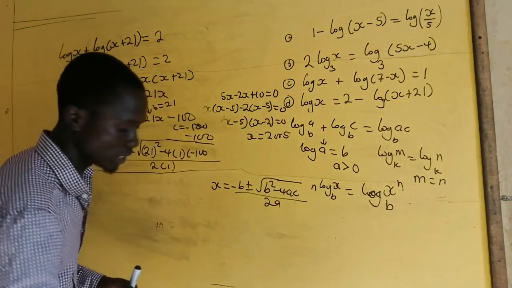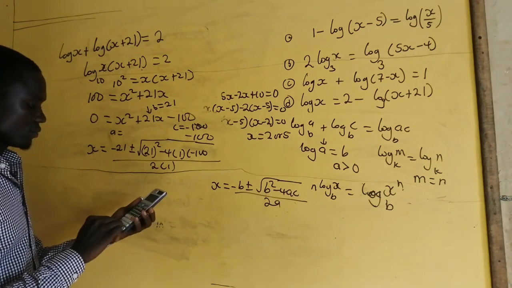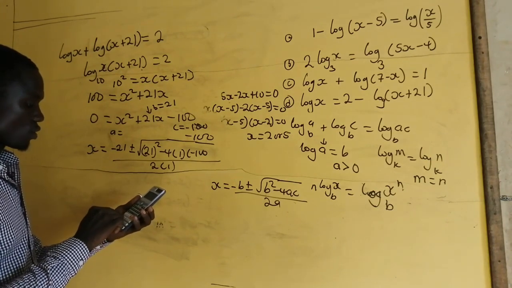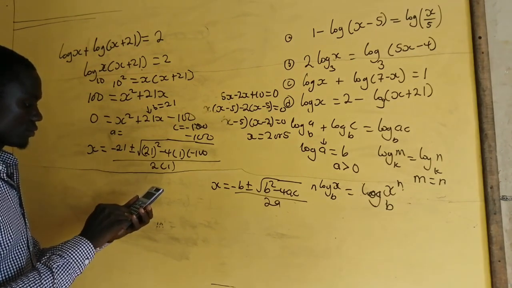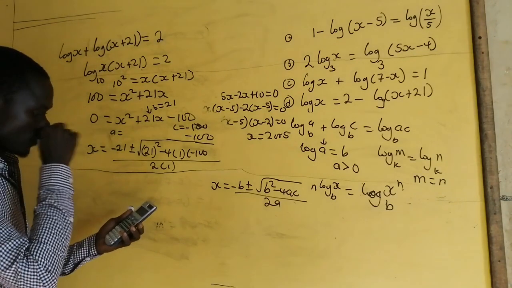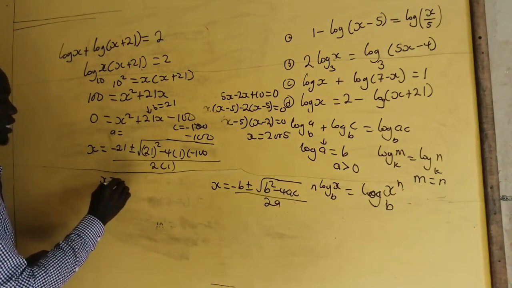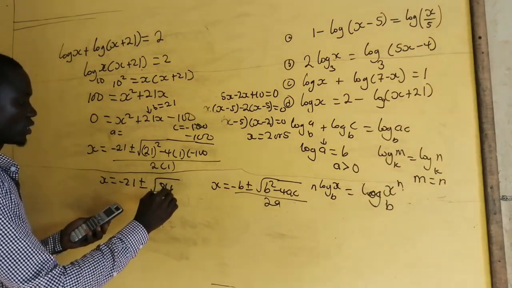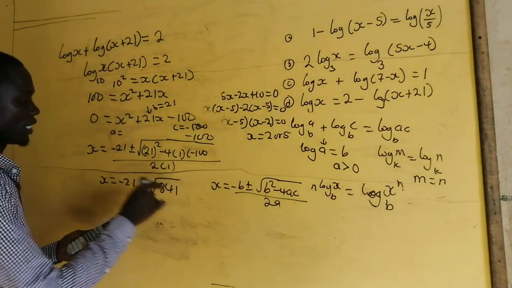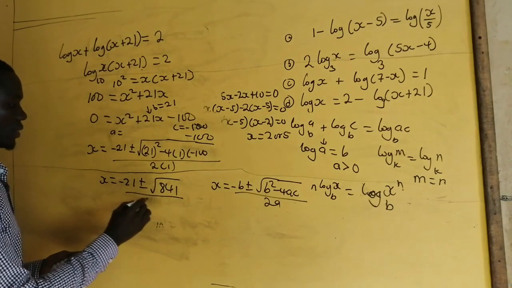Now let's work this out with the calculator. We have 21 squared minus 4 times 1 times negative 100. That will give us the square root of 841. So x is equal to negative 21 plus or minus the square root of 841, divided by 2.